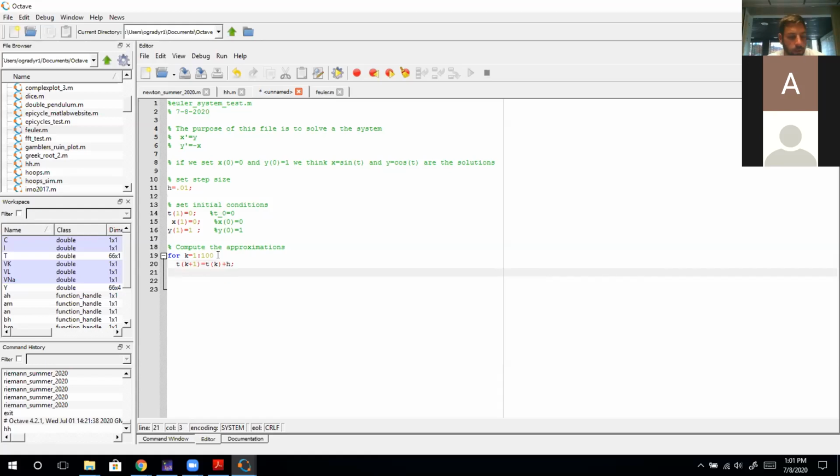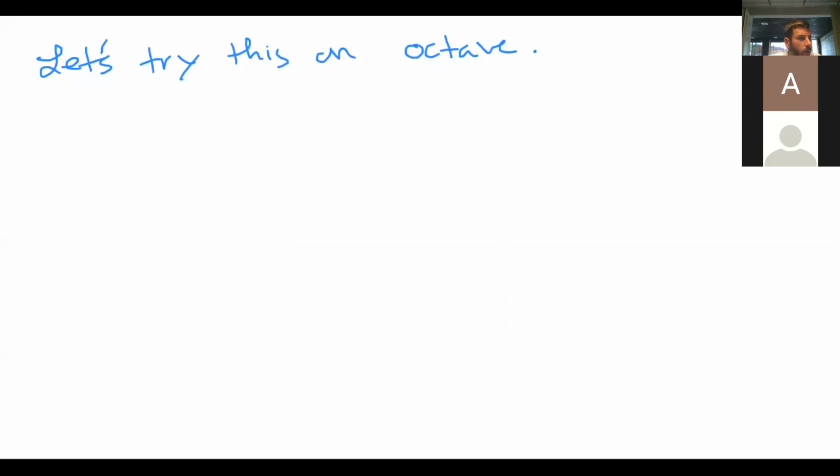And then how do I do my x's? Well, what is x evaluated at k plus 1? Well, we know by our Euler scheme that it's, if you go back to the whiteboard, what is our x's?